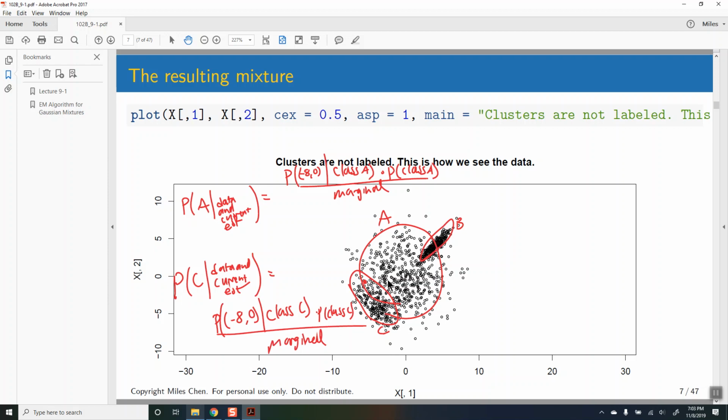Except, here's the thing: the Bayes classifier is a supervised method. You know every point in the training data is already labeled, so you know these ones are from class A, these from class B, and these from class C, and therefore I have an estimate of the mean of each class.